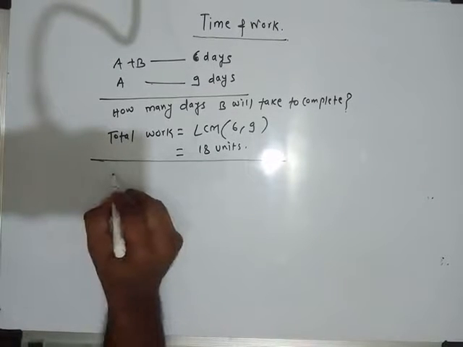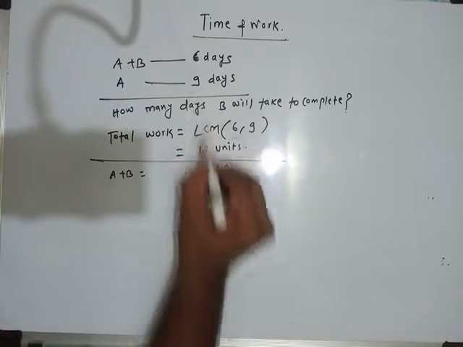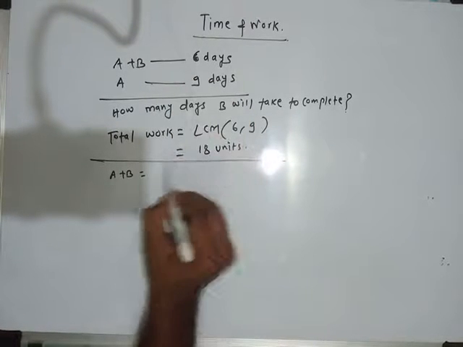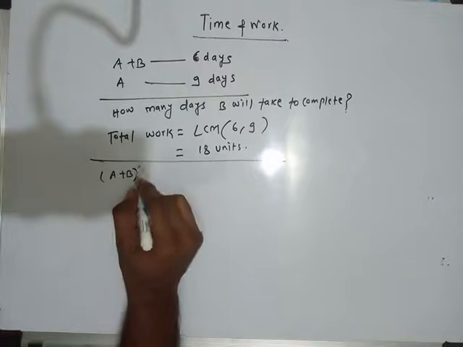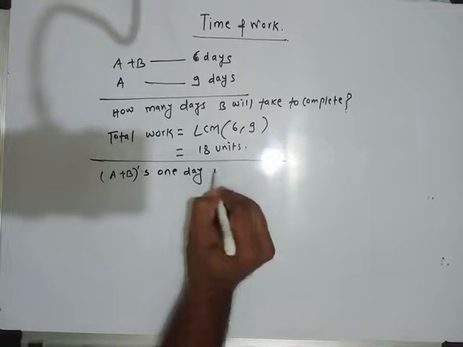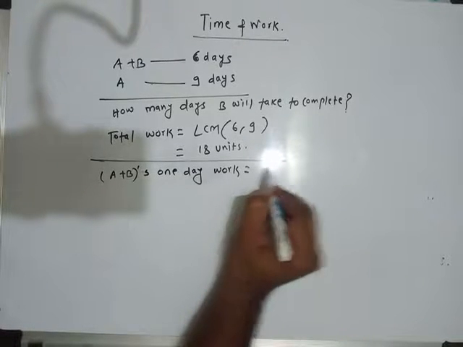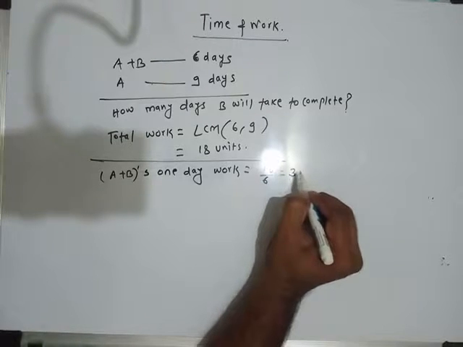So A plus B takes 6 days to complete 18 units of work. So in one day, A plus B's one day work is equal to 18 by 6, which is equal to 3 units.